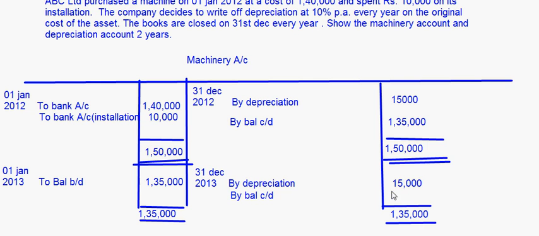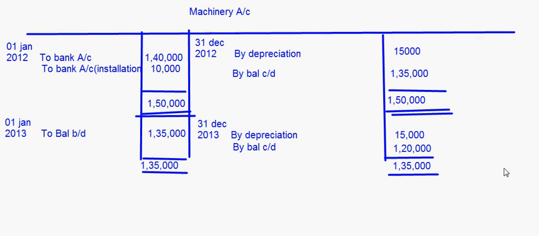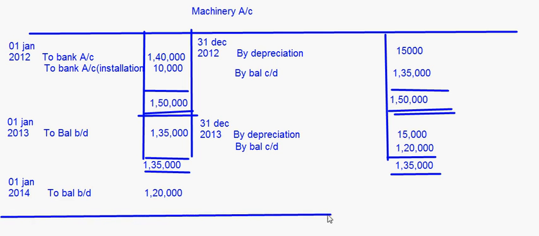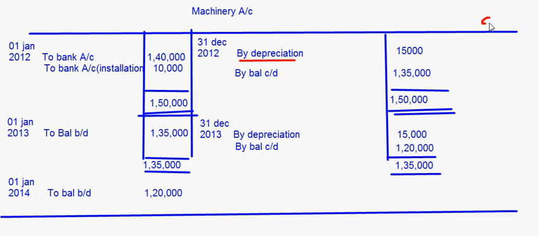So here this is 1,35,000, 1,35,000, right? So here the balance is 1,20,000. So I am showing it only for 2 years in this case. So you will have to show the machinery account as per the question. If the question says for 2 years, 3 years, whatever, accordingly we have to show, right? To balance brought down, and here you will have 1,20,000. This is the machinery account that has to be prepared, right?